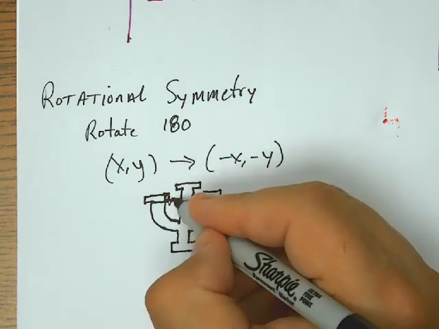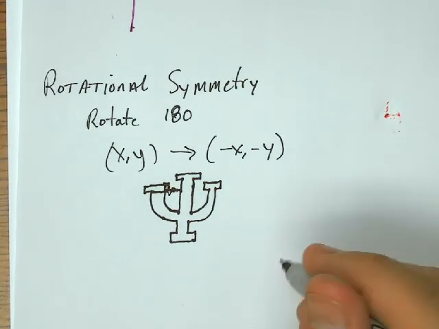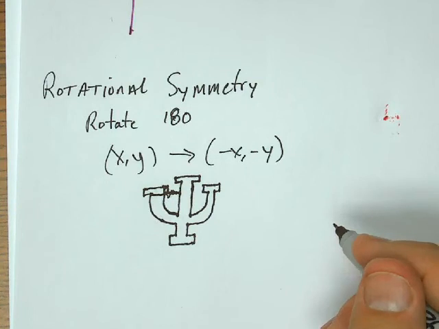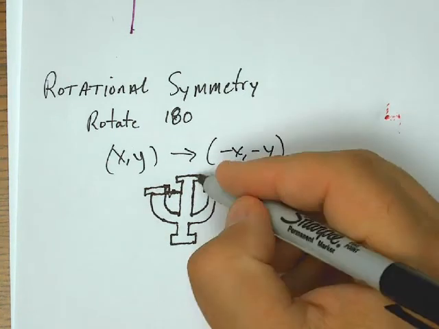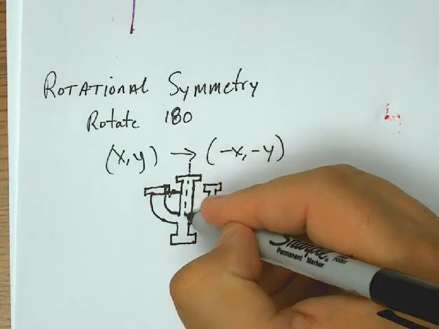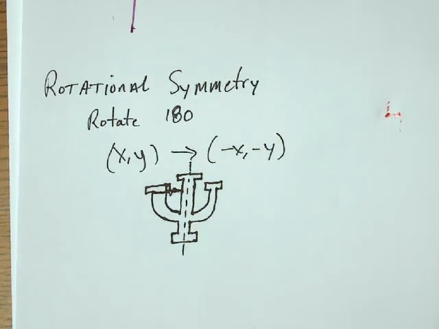Sorry about that. There's the IU symbol. Would that have any rotational symmetry? No. Would it have linear symmetry? Yeah, it would have linear symmetry right here. But no rotational, right?